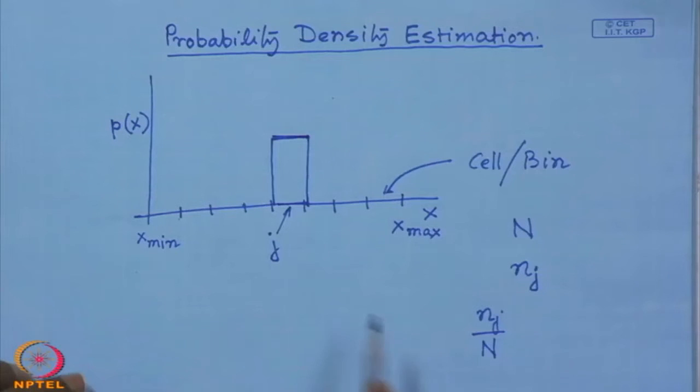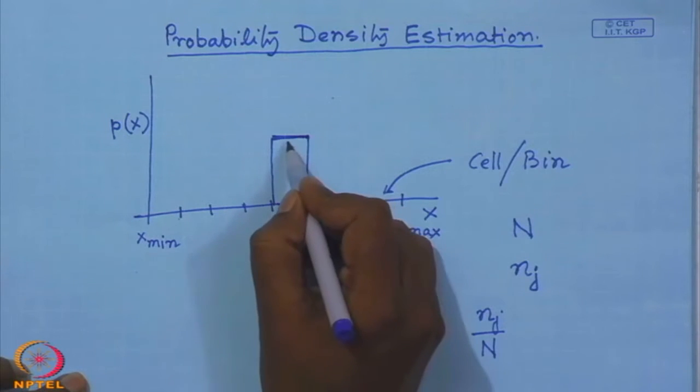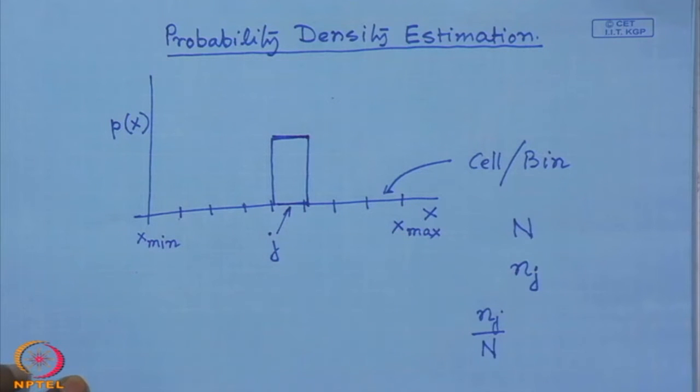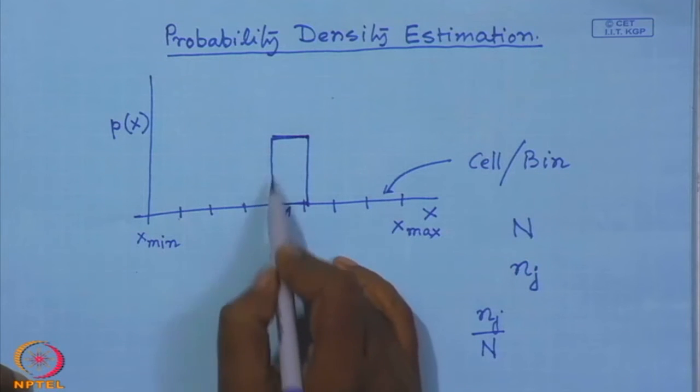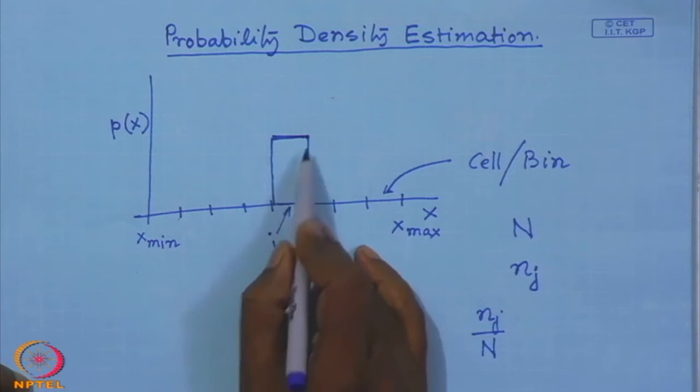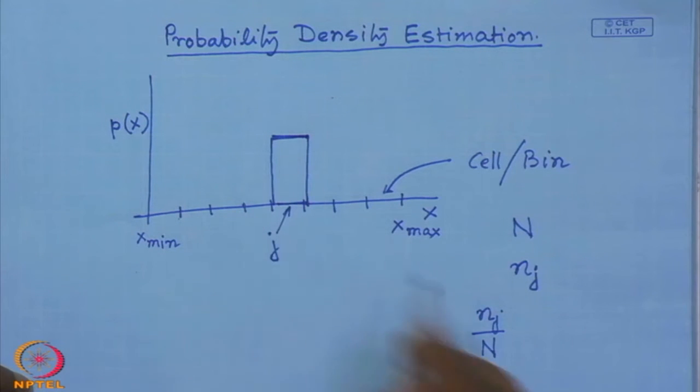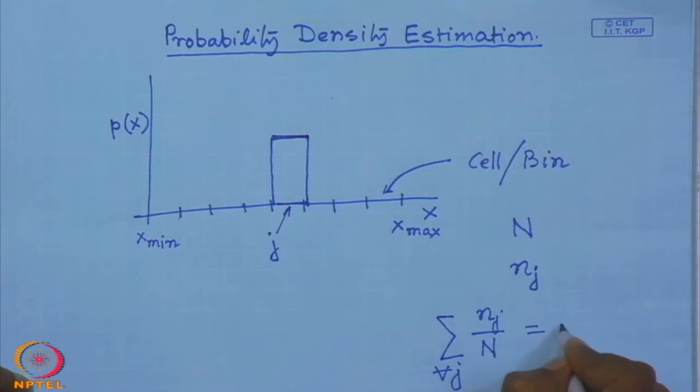That means, the sum of the areas of all these bins has to be equal to 1. So, that clearly says that the area under this probability density function in the jth bin has to be equal to n j by N, because the sum of n j by N, if I take the summation over all values of j, is equal to 1.